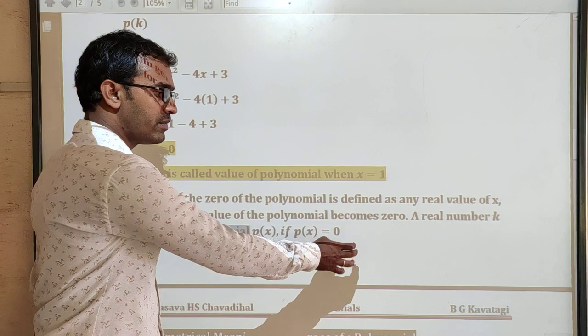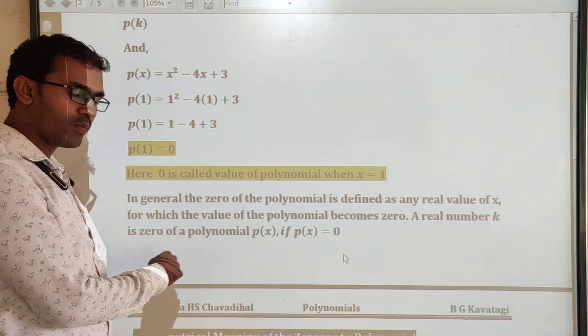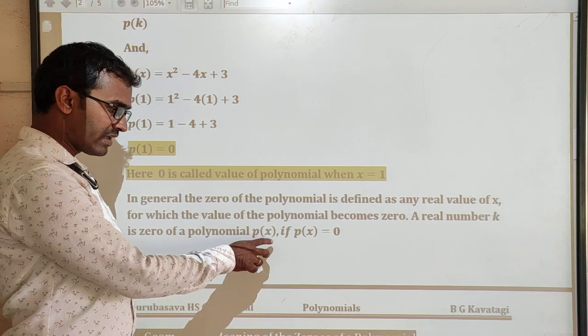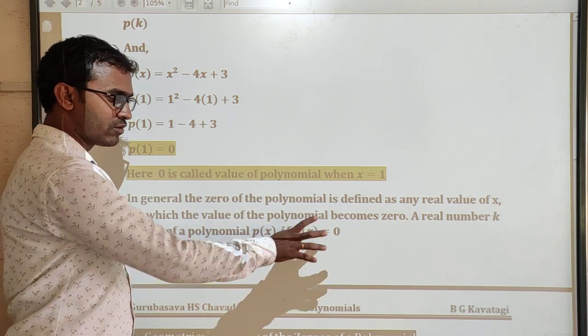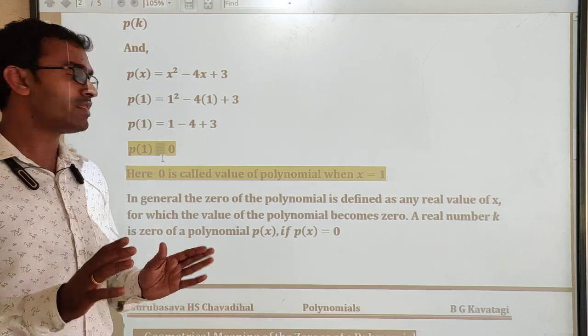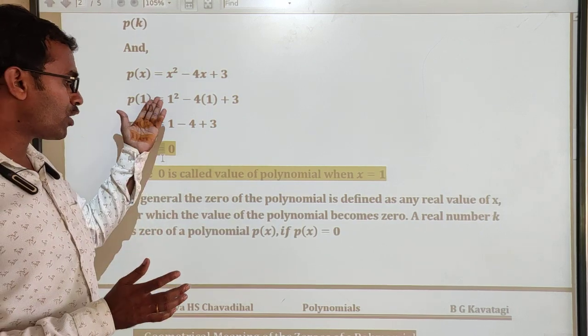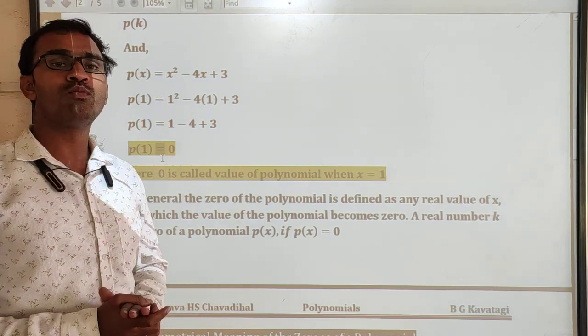A real number k is a zero of a polynomial p of x if p of x equal to 0. This is the zeros of a polynomial. When the value of the polynomial becomes 0, that polynomial is called zeros of a polynomial.